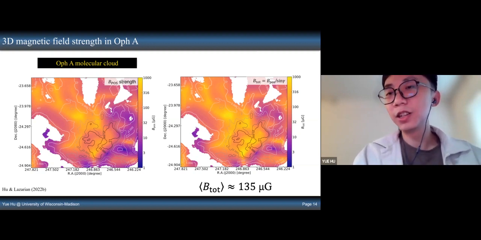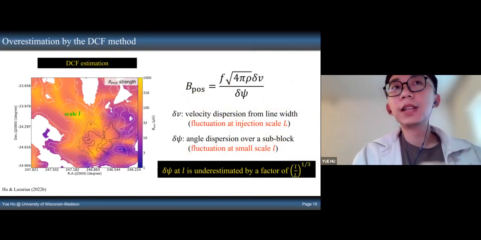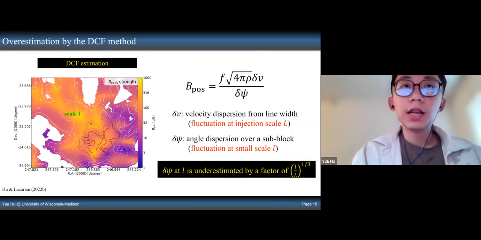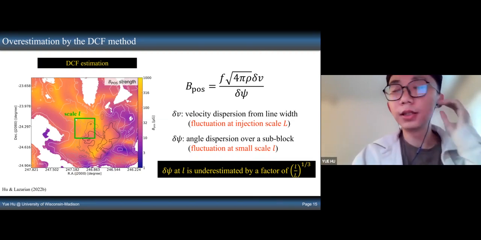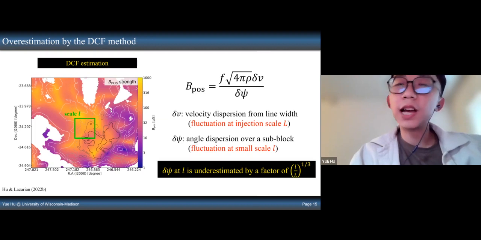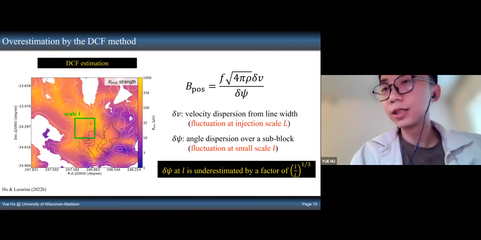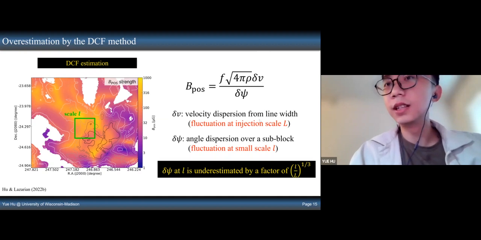From this estimation, it's stronger than the Zeeman measurement. We expect the reason is that the Chandrasekhar-Fermi method overestimates the magnetic strength. In this estimation, we selected a sub-box to calculate the angle dispersion, and such a selection of a small box means we are calculating fluctuation at a smaller scale L. But the velocity dispersion measured from the emission line is the fluctuation at the injection scale.